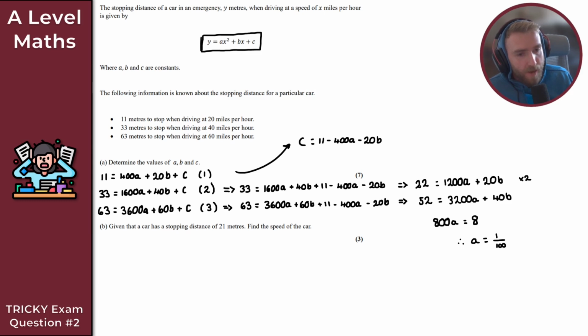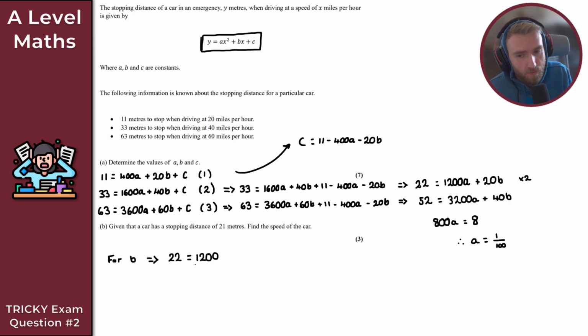So what about b then? Well, if we just go back to either of these two equations here, it's completely up to you which one you use, but let's just substitute into either of these two equations. So for b, we'll use this equation here. So 22 is equal to 1200 times 1 over 100.